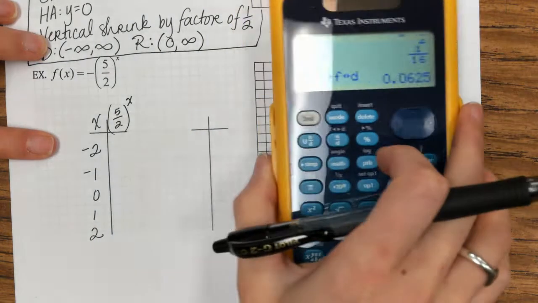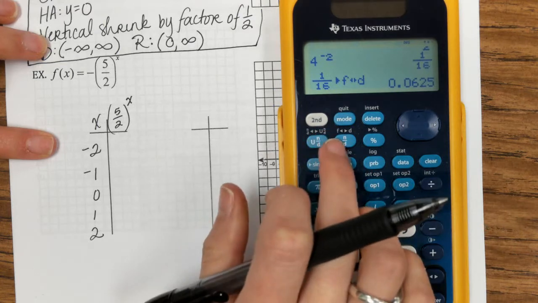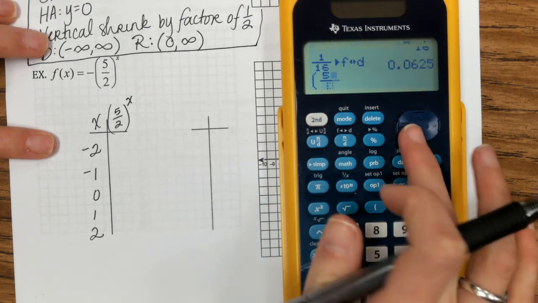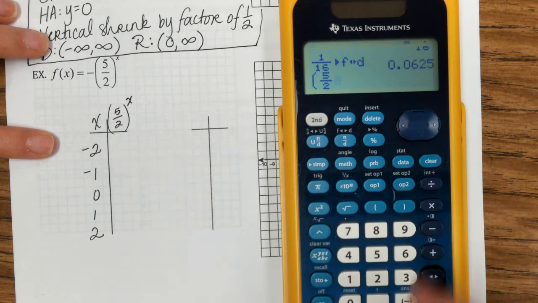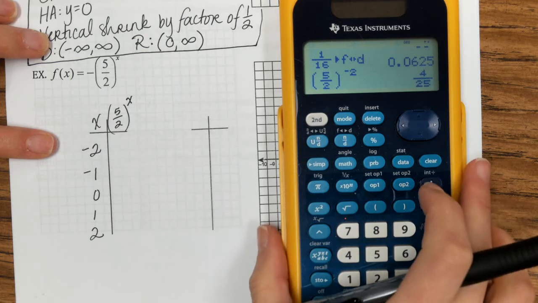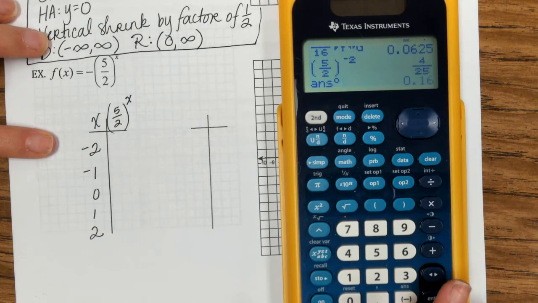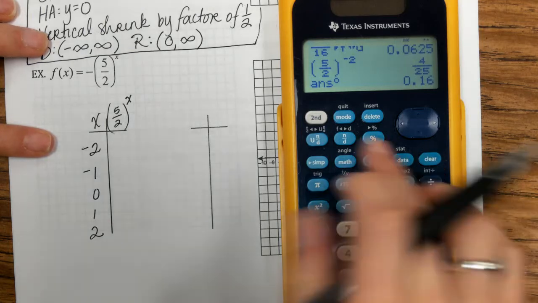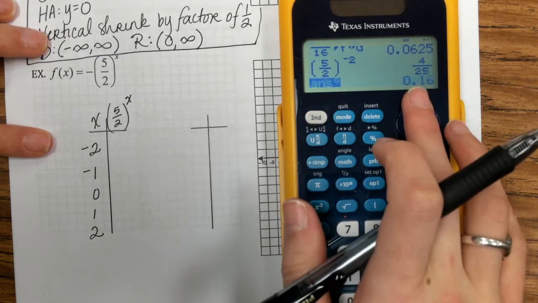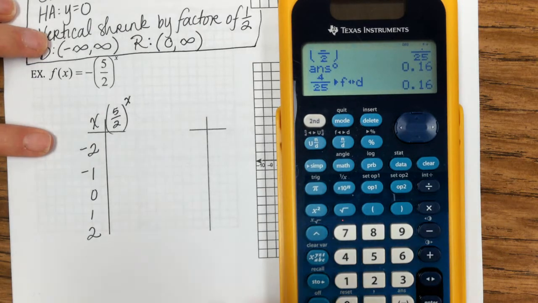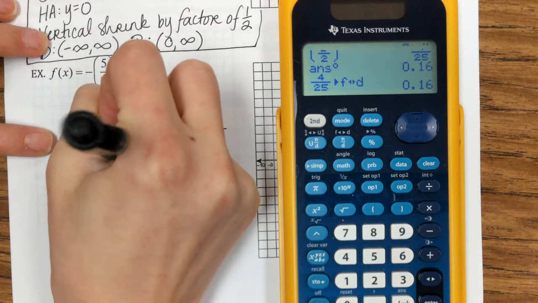If you need to see how I do that, you're going to have parentheses. I'm going to type it with my parentheses just so I don't have any errors. That gives me 4 over 25. As a decimal, that's going to give me 0.16.